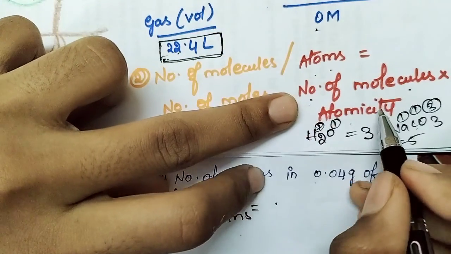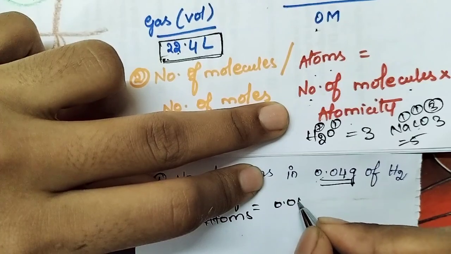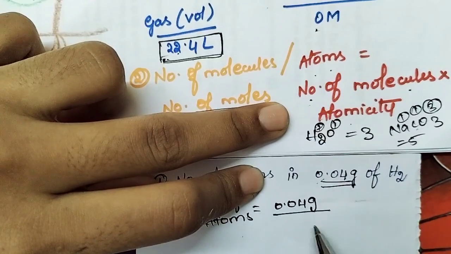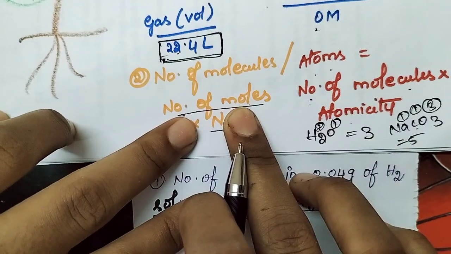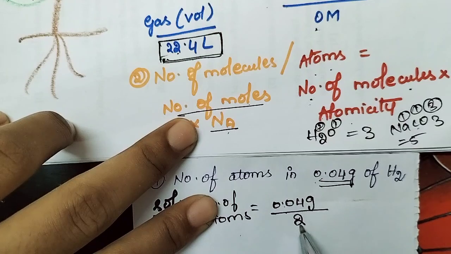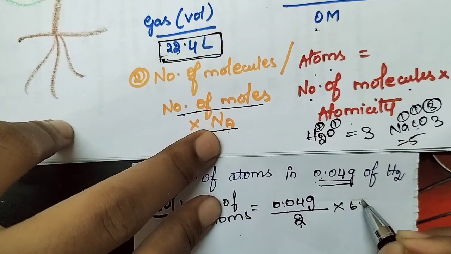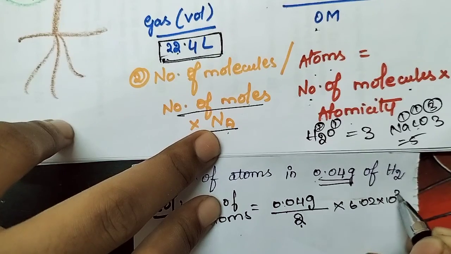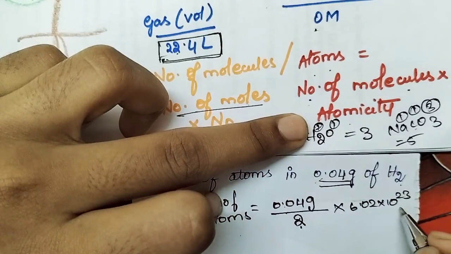Given mass is 0.04 gram, original mass is 2. So number of moles into Avogadro number 6.02 into 10 to the power of 23, and atomicity for hydrogen is 2.